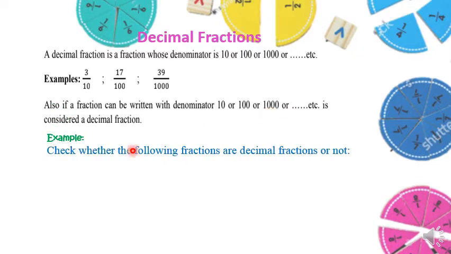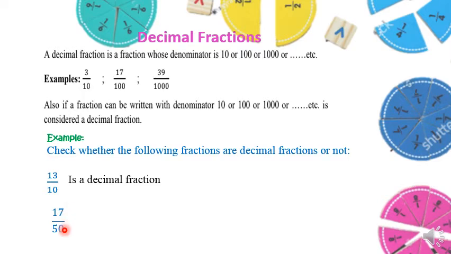Let's take an example. Check whether the following fractions are decimal fractions or not. Look, it's 13 over 10. It's very clear it's a decimal fraction. Why? Because the denominator is 10. Now look, 17 over 50.